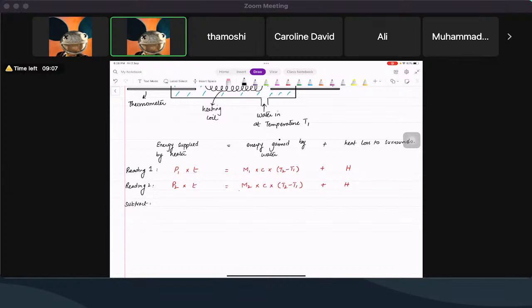If you subtract them, power 2 times T minus power 1 times T. For the different mass it will be M2 minus M1, so you'll get the change in mass and the rest of the things are going to be the same. But interestingly, when you do H minus H, this whole thing will become 0 because it cancels out. Do you guys understand?